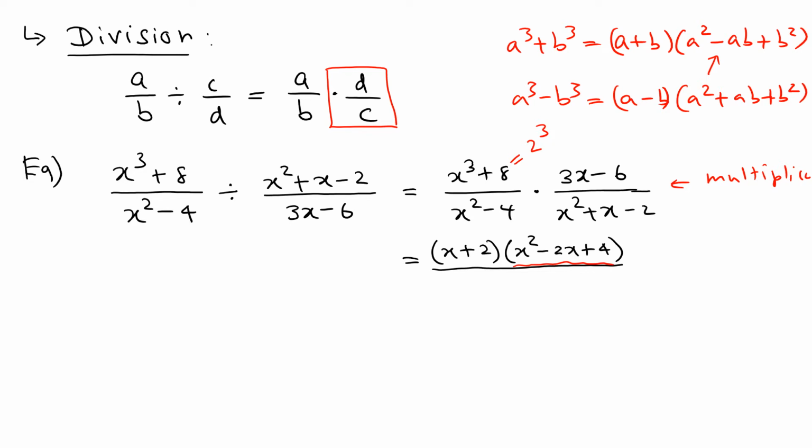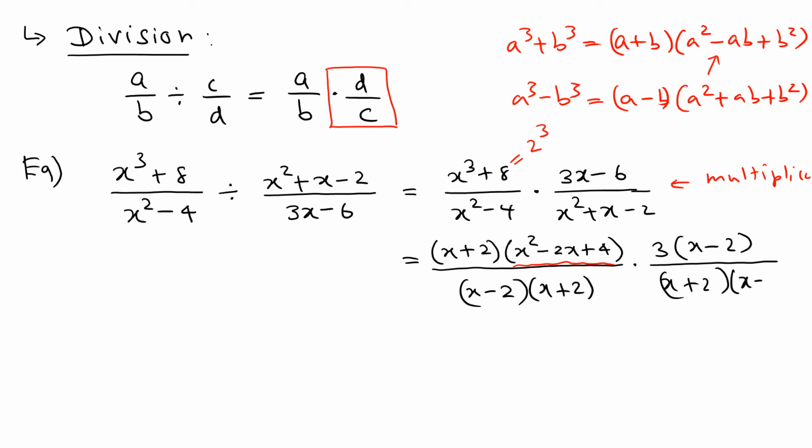Now for the bottom, there's a difference of squares that we know, x minus 2 and x plus 2, and we do the same thing with the other terms. We can factor 3 out, so it's going to be 3 times x minus 2, and for the bottom, it's going to be x plus 2 and x minus 1. So those are all the complete factorizations.